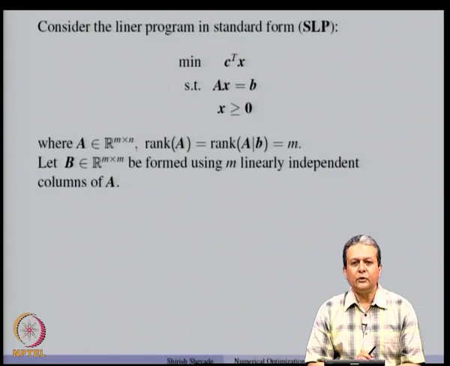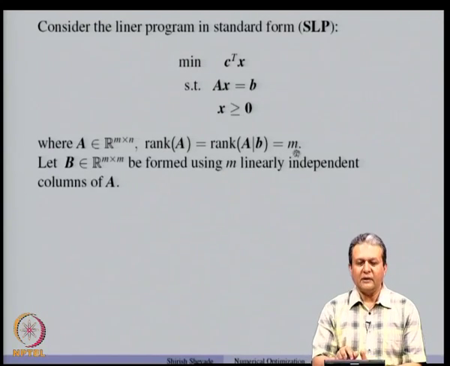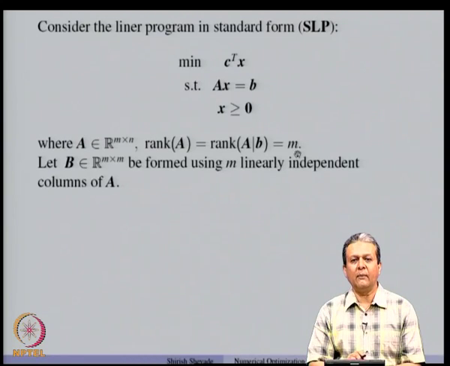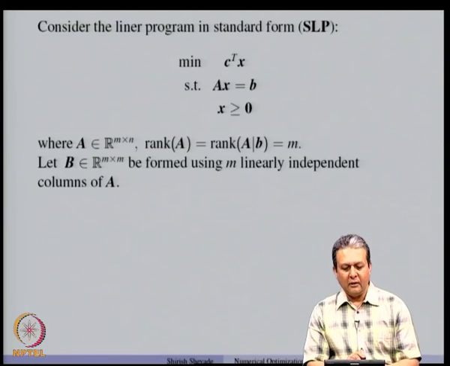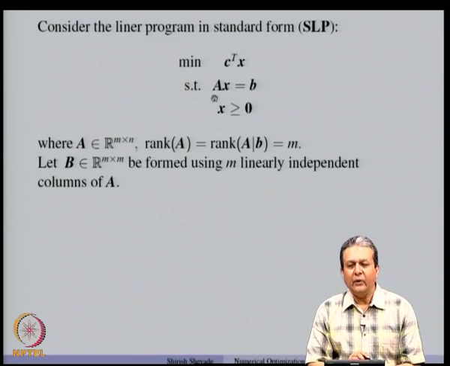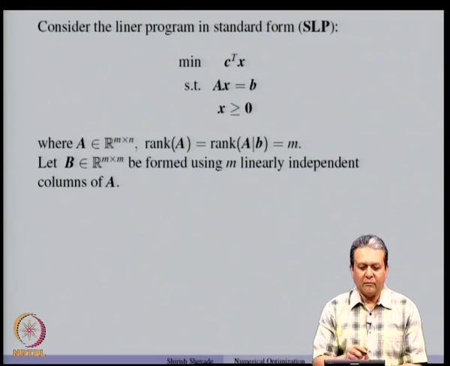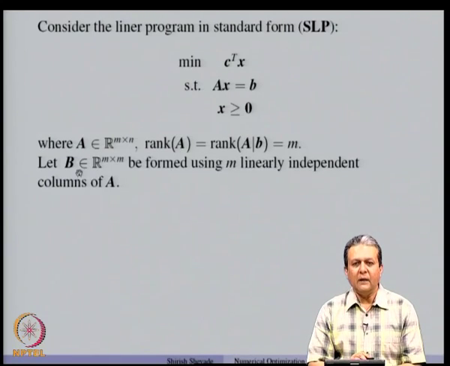So, we can always choose m linearly independent columns of A to form a matrix B, and since rank of A is m, we can always choose those m linearly independent columns of A. So, in other words, the matrix A is divided into two parts, and without loss of generality, we assume that the first m columns of the matrix A are linearly independent columns, and therefore, the matrix B is formed using those columns, and the remaining n minus m columns will correspond to a new matrix called N.